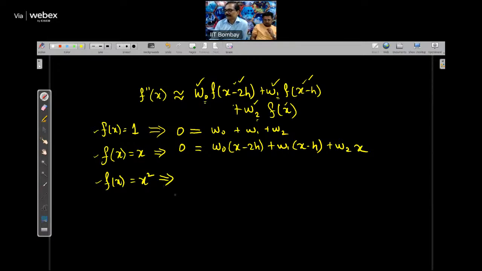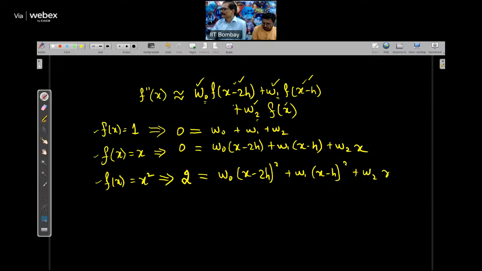For f equal to x square, this will give you 2 on one side, and on this side you will have W naught into (x minus 2h) square, plus W1 into (x minus h) square, plus W2 into x square. Certain terms you can simplify using the earlier equations.